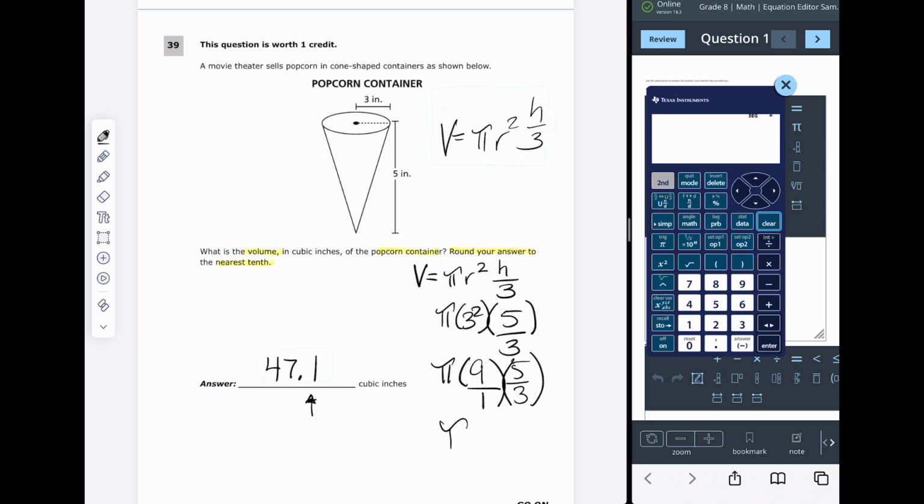And now that gives us pi times 45 over 3, which is the same as 15 pi, because 45 divided by 3 is 15. So now that's the only thing I have to enter into our calculator.